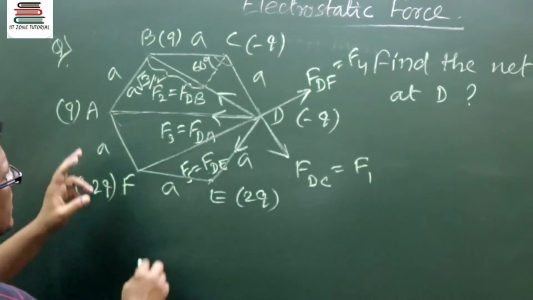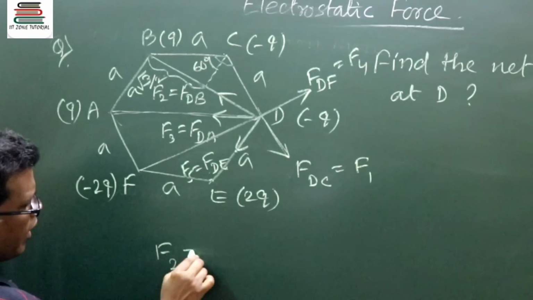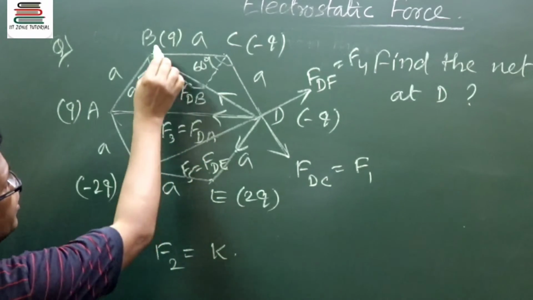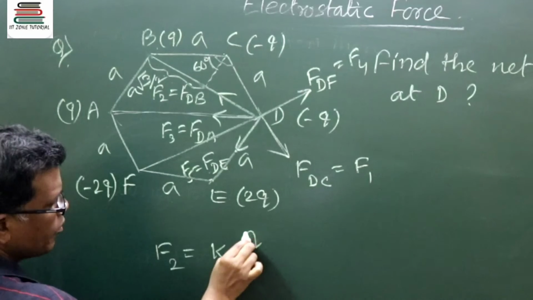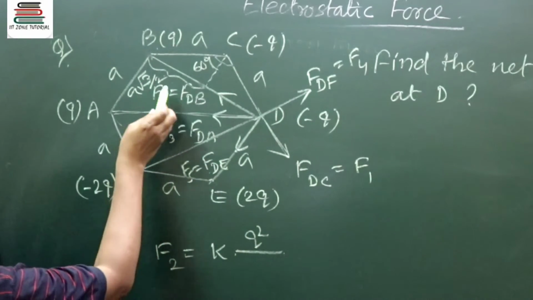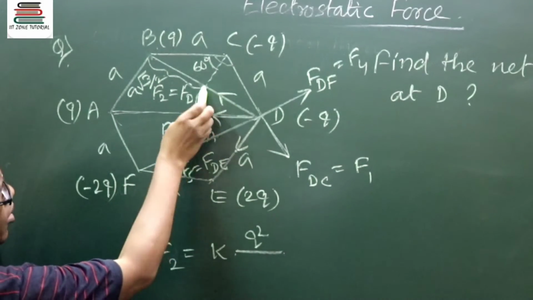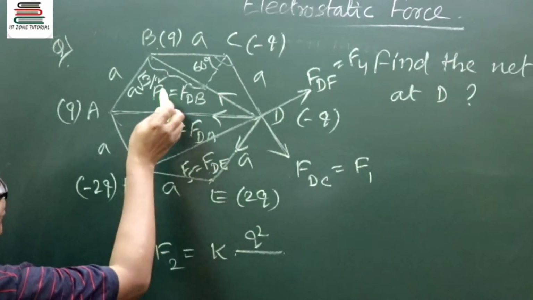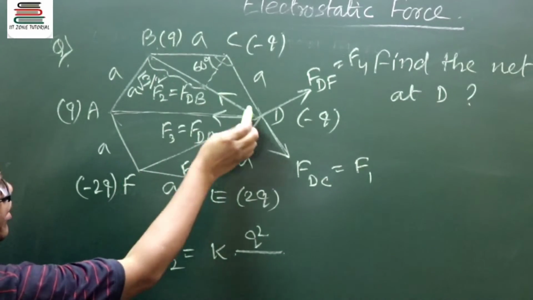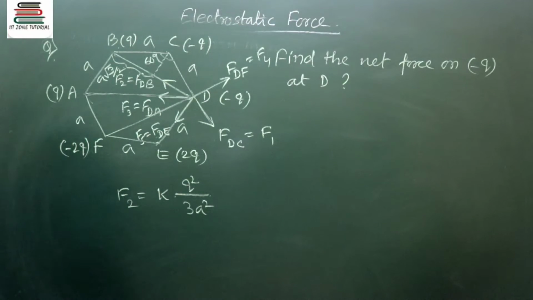So A sin 60, I can write as A into root 3 by 2, right? Therefore, the distance concerned with defining the magnitude of F2: F2 will be K into Q into Q, that is Q square, divided by the square of the distance. The distance will be twice root 3 by 2 of A, that is altogether root 3A, so its square will be 3A square.